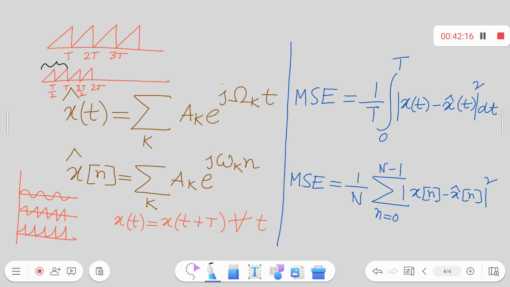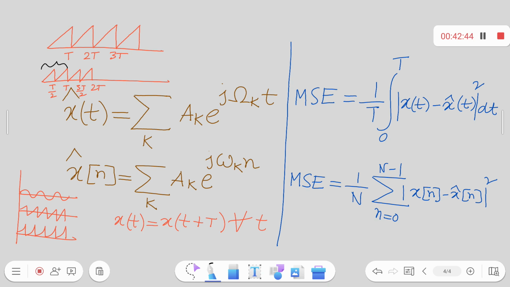The constituents are complex sinusoids, and their period is capital T. If I just consider the frequency, what is the Hertz frequency? That is 1 by T. If the signal time period is capital T, the Hertz frequency is 1 by T.